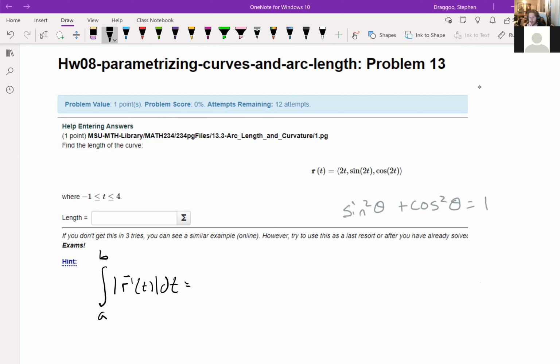All right, so that's the thing that I want to integrate. So I'm basically integrating the velocity to find the distance. That's my goal here. Since it's not a straight line path, I want something that tells me how I move along the path, and that's going to be r prime.